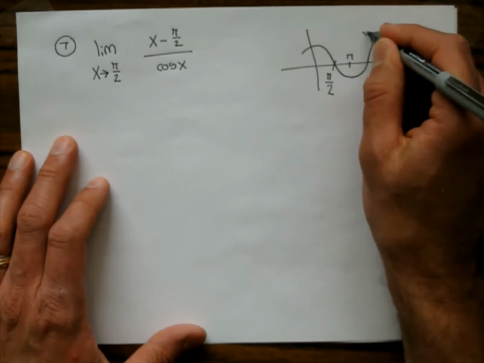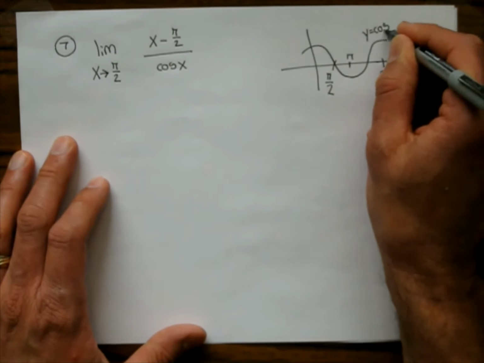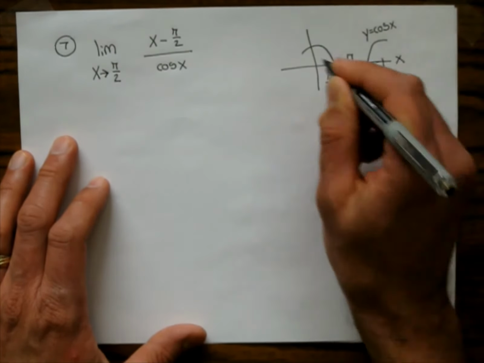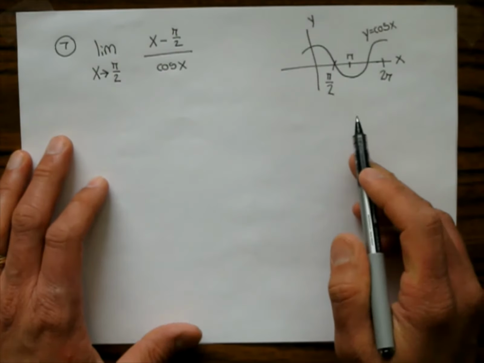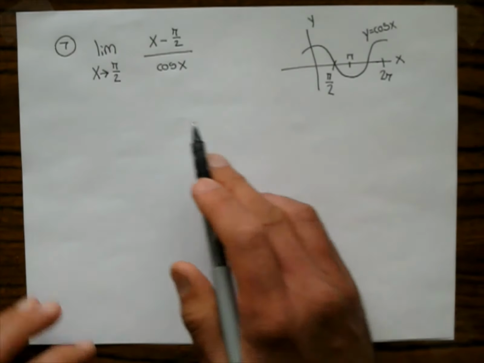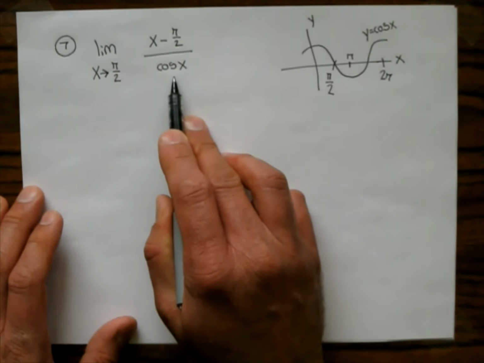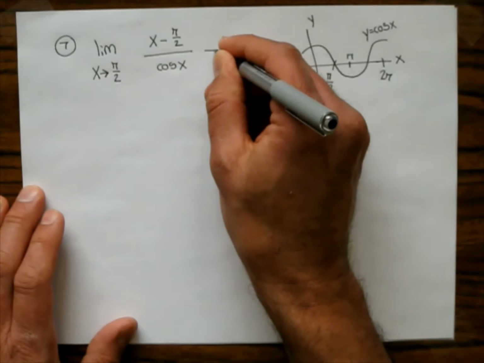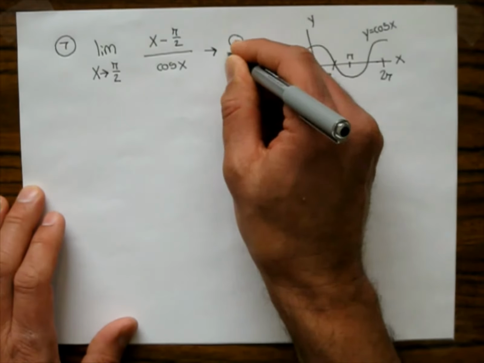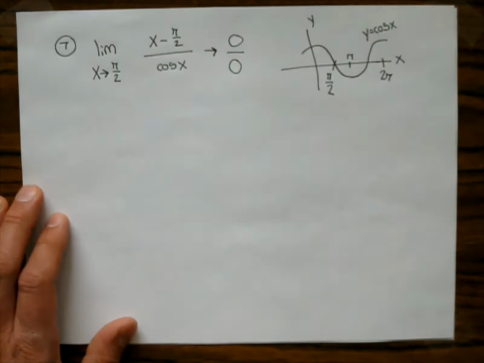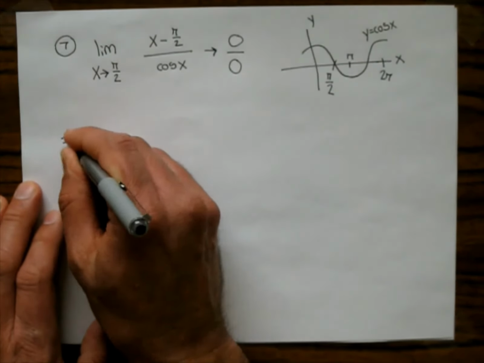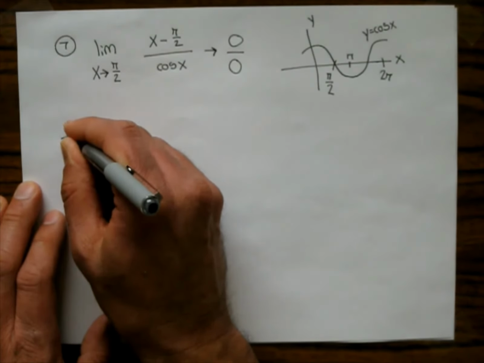So this is y equals the cosine of x. And so that usually jogs people's memories in terms of what the cosine of pi halves is. That's 0, and we have 0 on the top. So this thing goes to 0 over 0, which means it's time to do L'Hopital's rule.